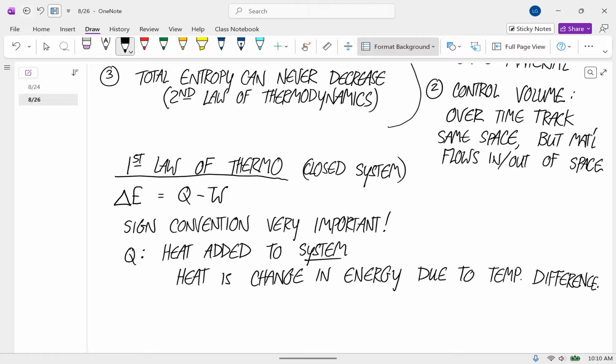In everyday speech, when you talk about heat, you might sometimes think of it as kind of temperature, something like that. But we're going to talk about it in a very specific way, and it's not temperature, it's an energy change. It's a difference in energy between two points in time. And that heat Q is only going to be positive if energy is added to the system through heat.